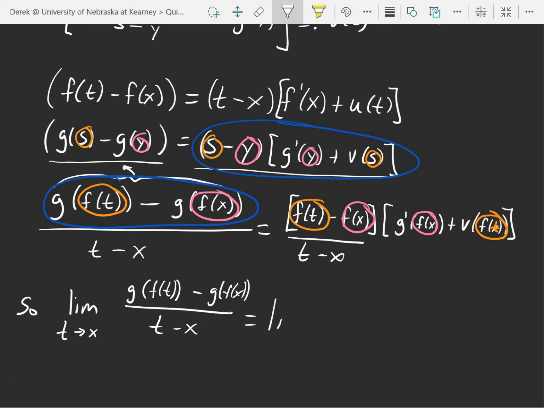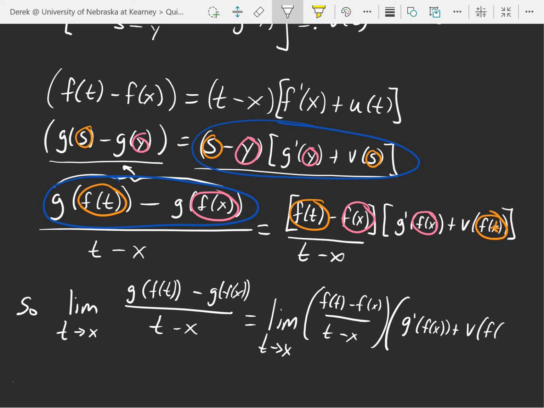This limit is equal to the limit as t goes to x of f of t minus f of x over t minus x times g prime of f of x plus v of f of t.